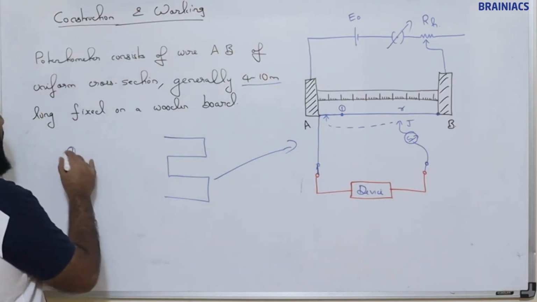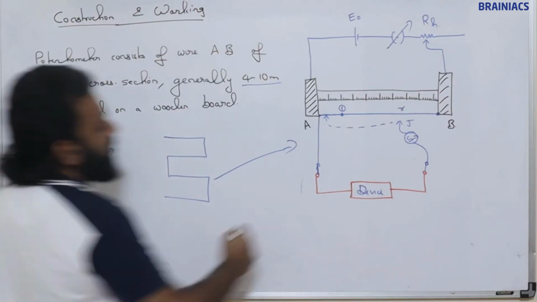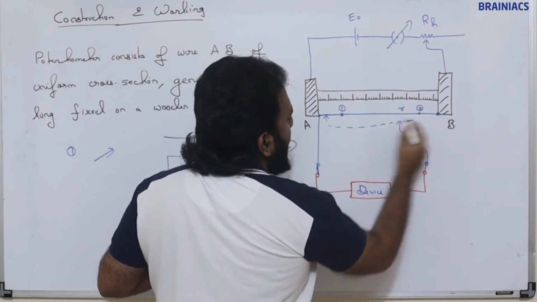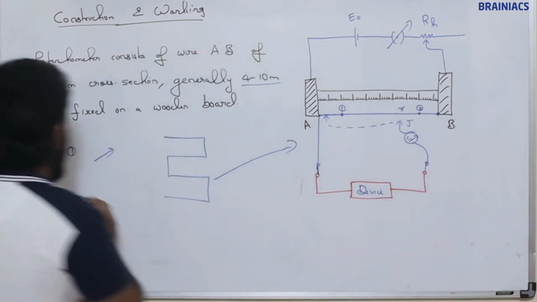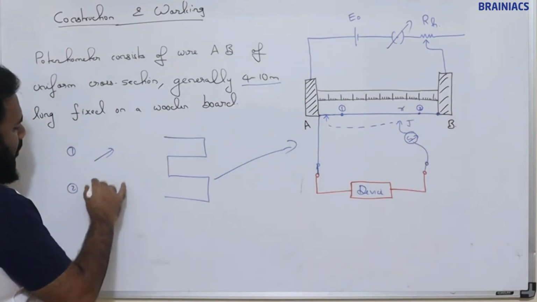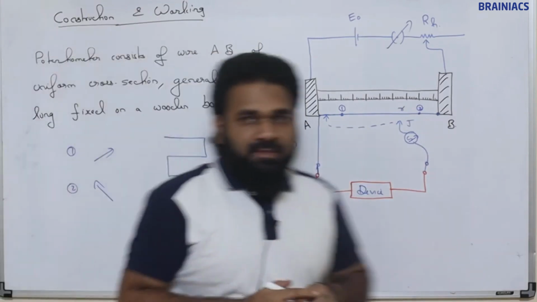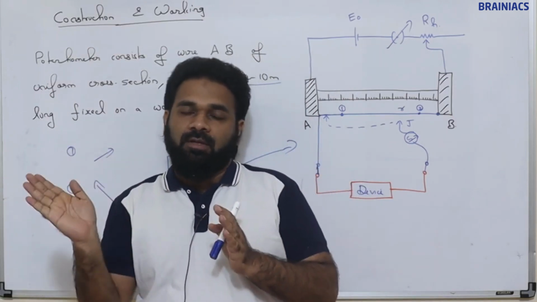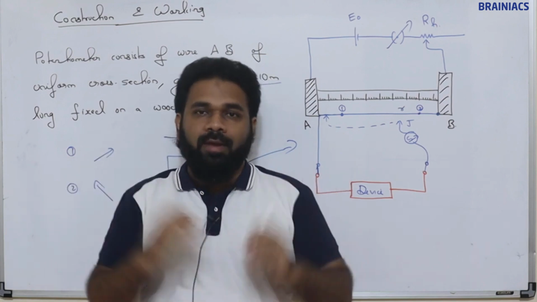Suppose at point 1 the galvanometer was showing some deflection. Now when we tried this jockey at point 2, the galvanometer was showing deflection in the opposite direction. What I am saying is there could be galvanometer deflection in one direction or the other at the two ends.